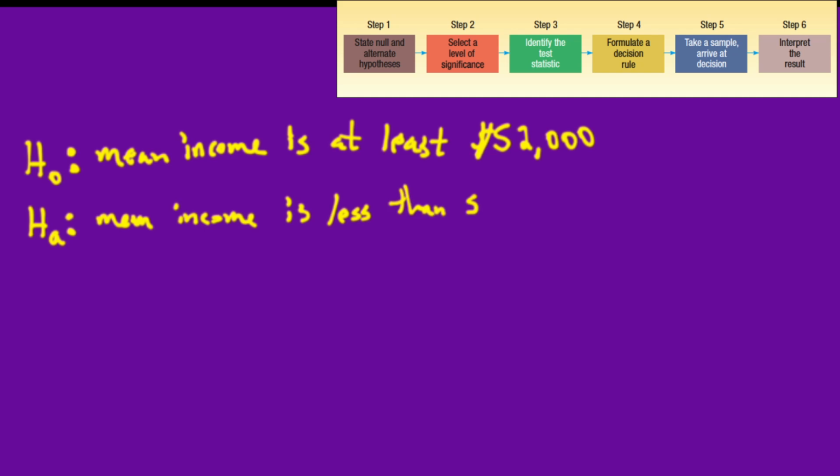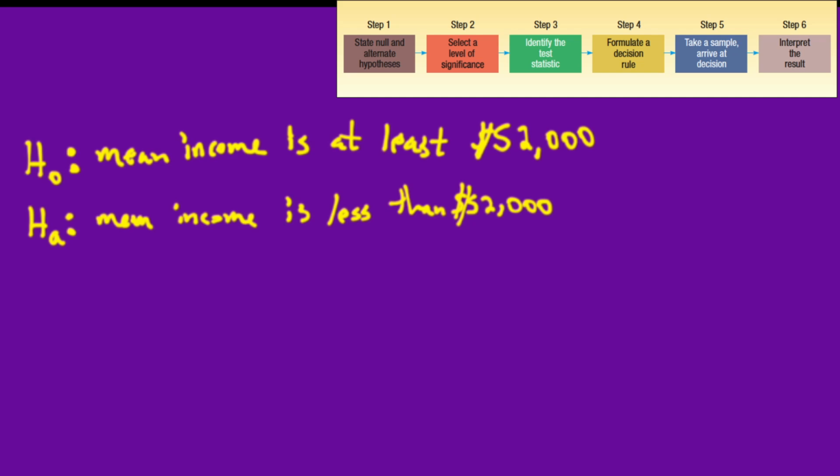And so this brings up the first important point, that we need to match our null and alternative, or they need to be counterpoints. So the null hypothesis includes at least 52,000, so it will be 52,000 or more, and so then the alternative is going to be less than.